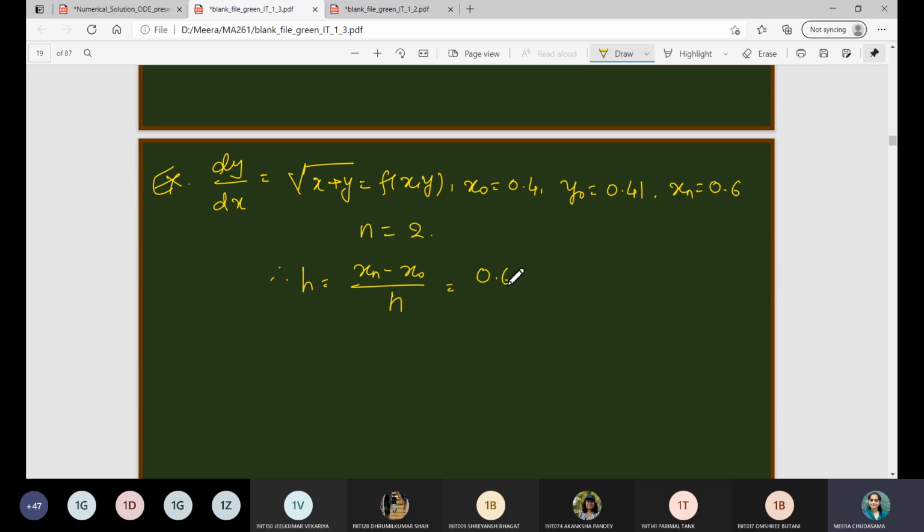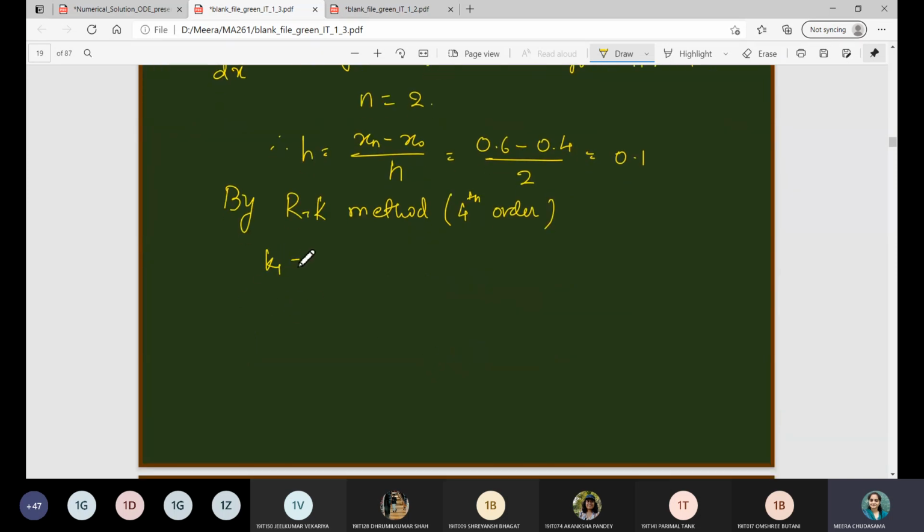So this is 0.6 minus 0.4 upon n is equal to 2. So this is nothing but 0.1 we have to consider, right? So I can write here, by the RK method, fourth order.